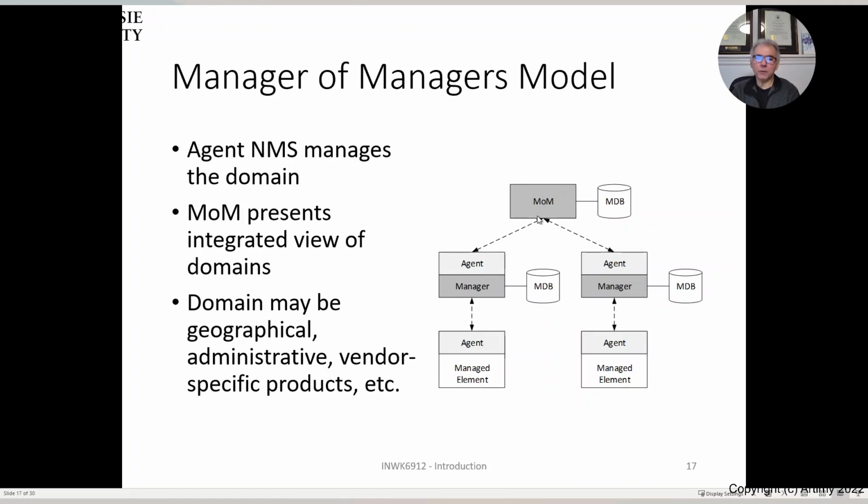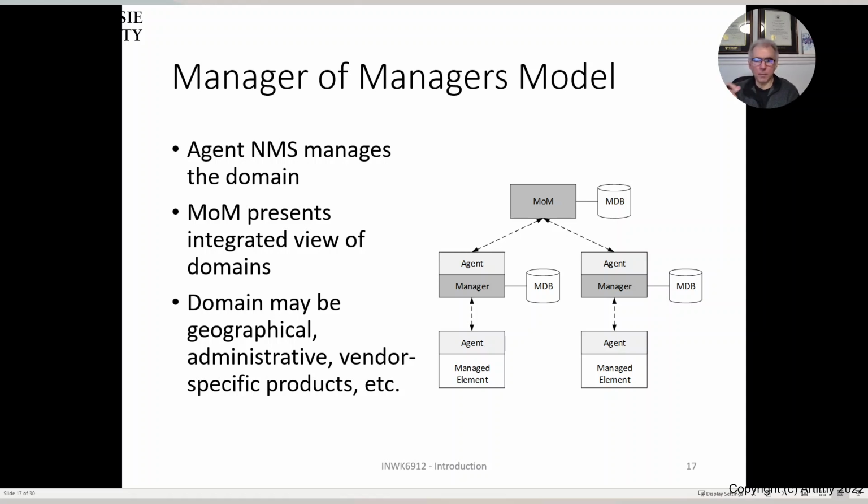Here, the manager of managers actually doesn't collect the same type of information. Instead, it may collect only aggregates. It may say to the middle tier managers, just give me an overall picture of the network that you are managing. What is the overall reliability of the network? What is the overall bandwidth that's used?